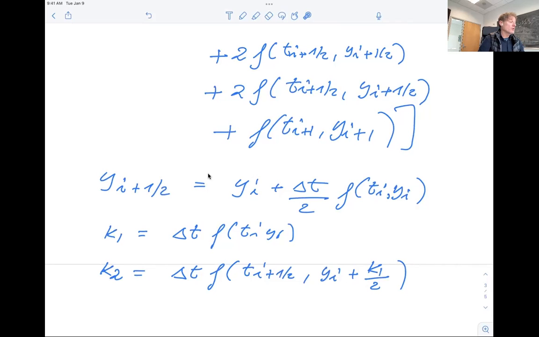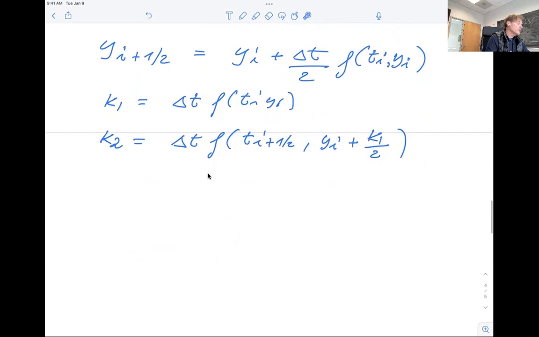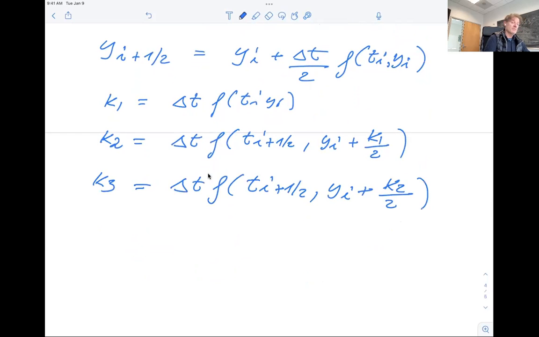So that means that we are going to compute a new slope, given by this function k3, which is given by my delta t times f. I'm still at the midpoint, t of i plus 1/2. But now I'm going to calculate y of i plus this term k2 divided by 2. So I'm improving my guess for the midpoint.